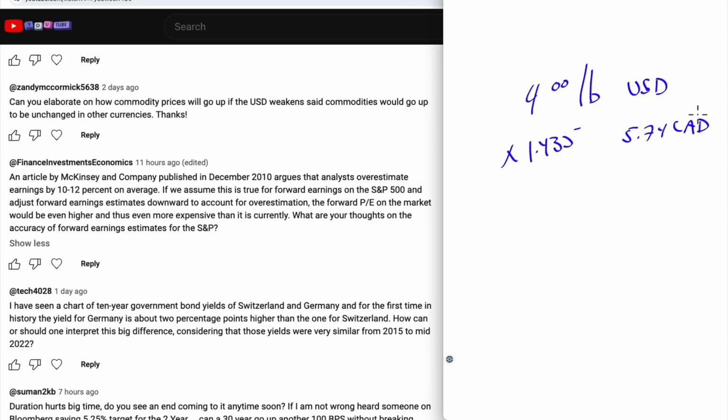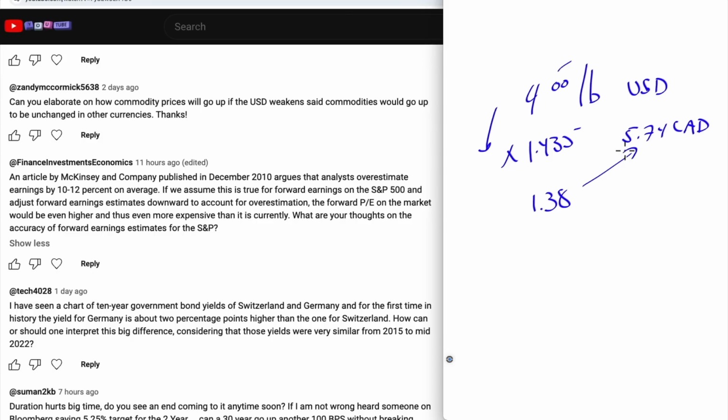Since it's priced in US dollars, you can't have the price of copper staying stable in US dollars but changing in every other currency simply because the US dollar is changing. Typically, the price is more stable across all the other currencies, and it simply changes in US dollars as the exchange rate changes. So let's say the US dollar weakens such that the Canadian dollar was now 1.38 versus the 5.74.